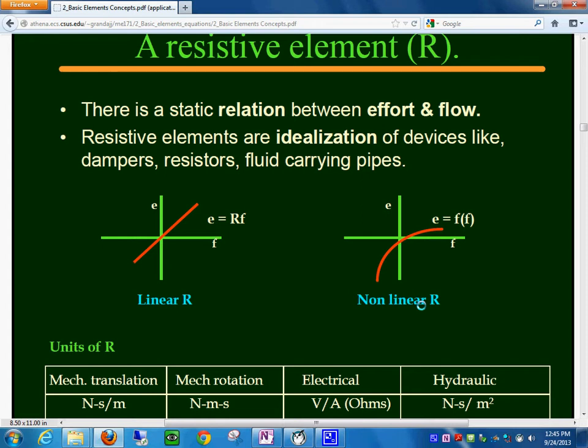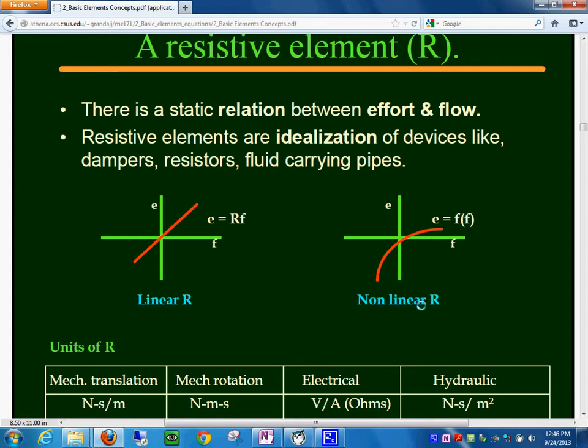So relationship between the effort and the flow means in an electrical system a resistor, or a damper on a mechanical system. That's what it means. So it dissipates energy.